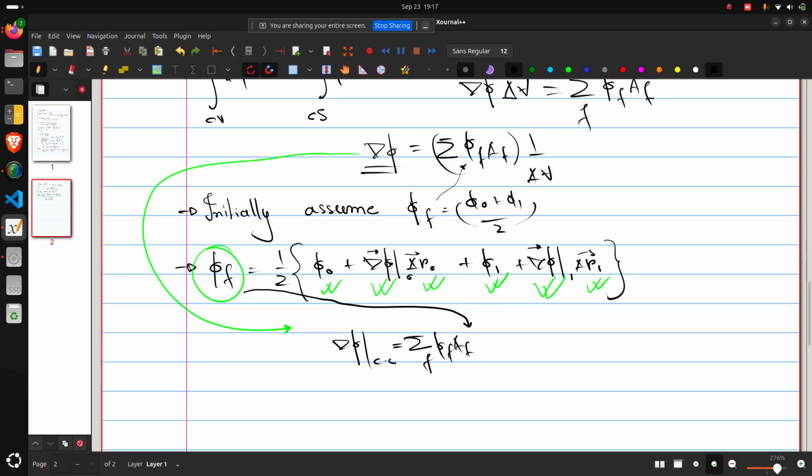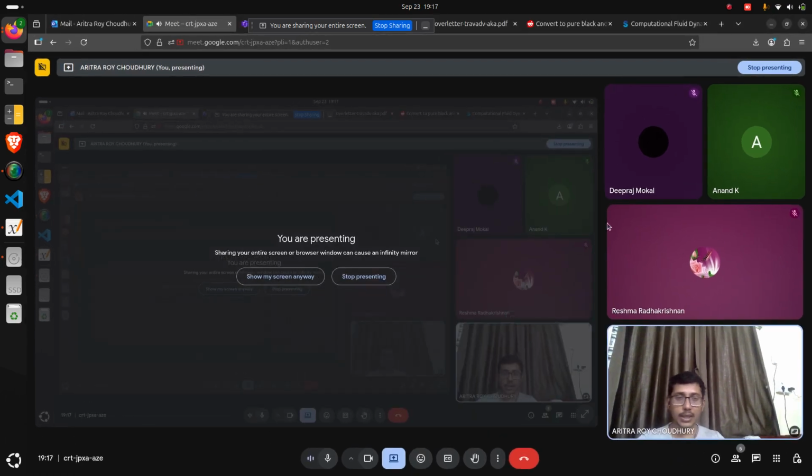Then we get a better approximation of phi f. We then go back to the previous equation, and generally it takes 2 to 3 iterations to get a converged result. So this is one method. If anyone has any doubt, please tell me, I'll try to explain again.